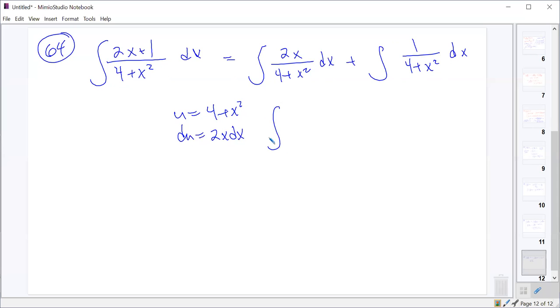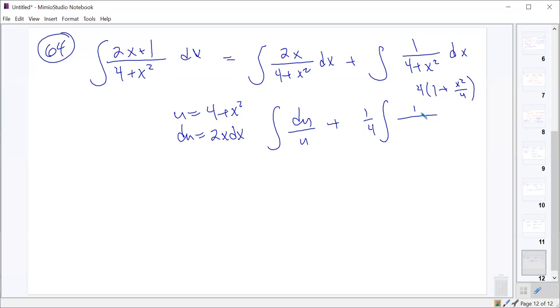And so we've got the integral of du over u. And then for this one, we're going to use something similar to that very first one we did, where we factor the 4 out that was inside the square root. We'll do the same thing here. So if I take a 4 out of that, that's 4 times 1 plus x squared over 4. And I can pull that 4 that's in the denominator out to the front of my integral.